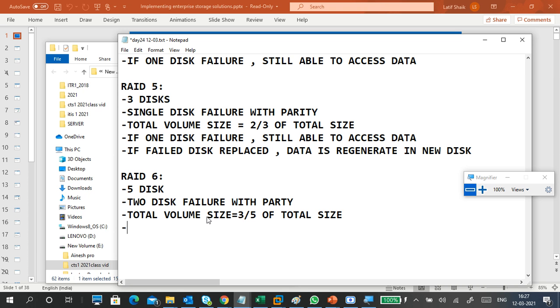It depends upon your company and cost, how much risk they want to take. If high risk is there, then we'll go with RAID 6, but it costs more, we have to use 5 disks. If the disk risk is a little less, then we'll go with RAID 5.